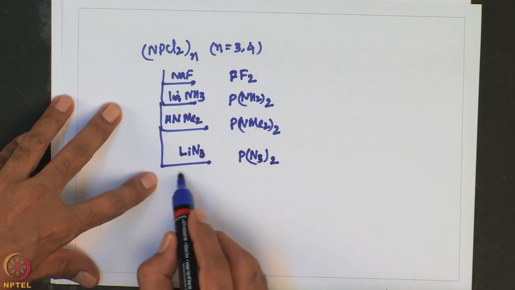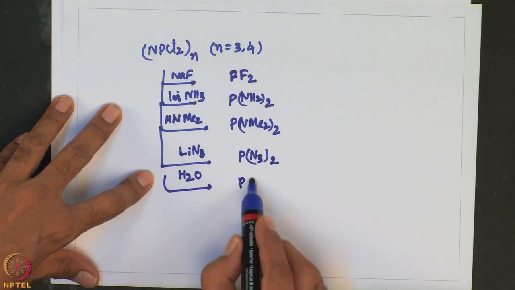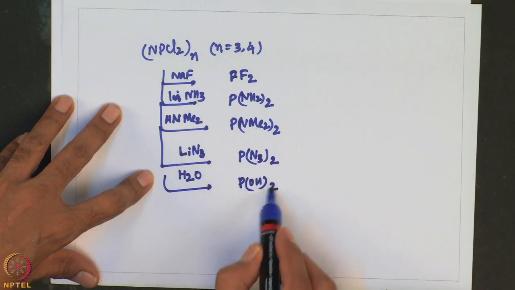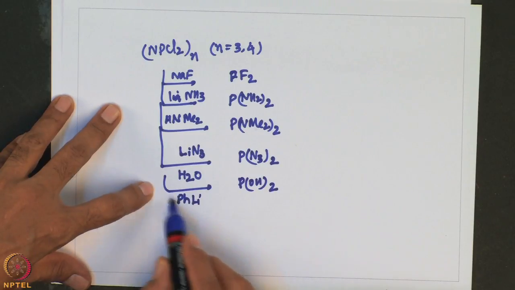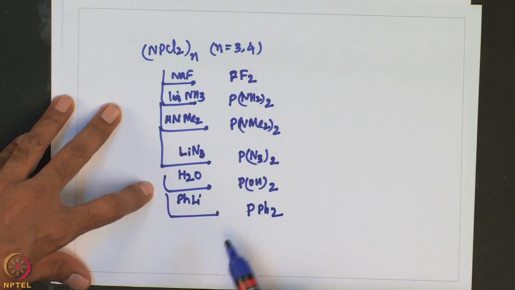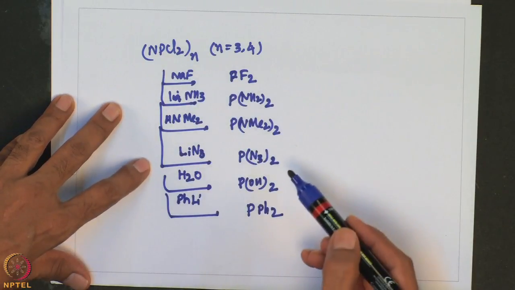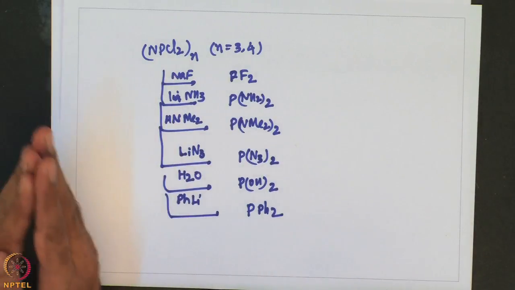Okay. If we use water, we can add POH twice. And if we use phenyl lithium, we can have PPh2. So, this is how one can perform a series of reactions to generate substituted cyclo-tri or tetraphosphazenes.